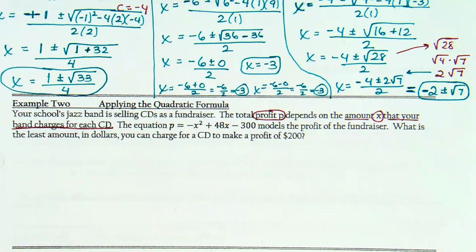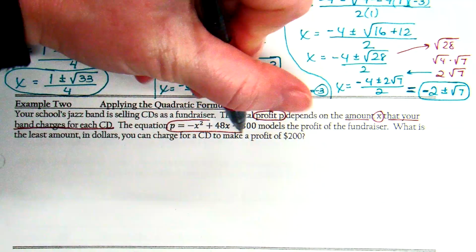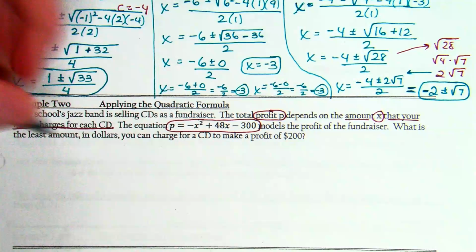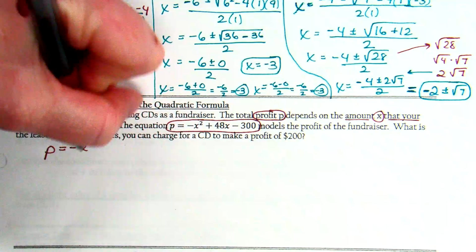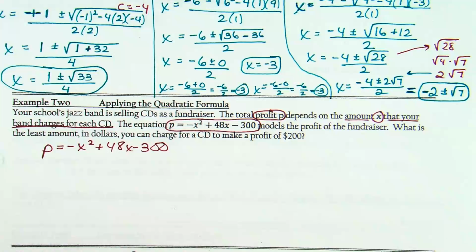It now says the equation. Are they giving me an equation to start with? Yeah, we love it when they do that, right? So they're giving me the equation. I'm actually going to write it down over here. P equals negative X squared plus 48X minus 300. Now, what does that equation do?